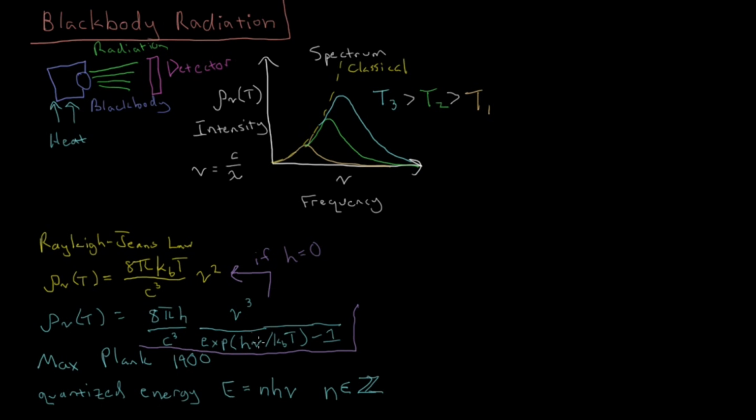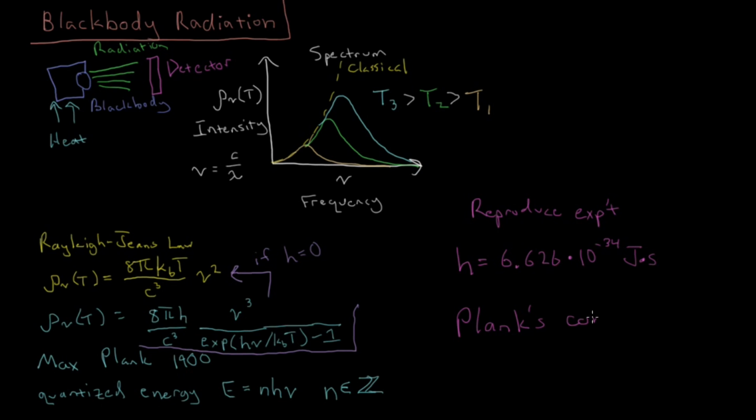But Planck noticed that if you varied this value of h, he reproduced the experiment whenever h has the value 6.626 times 10 to the minus 34 joule seconds. And that's what we know today as Planck's constant.